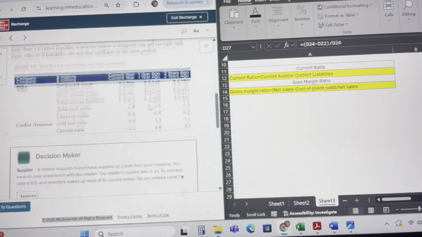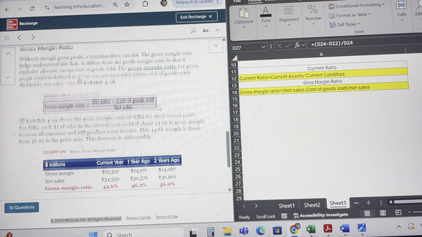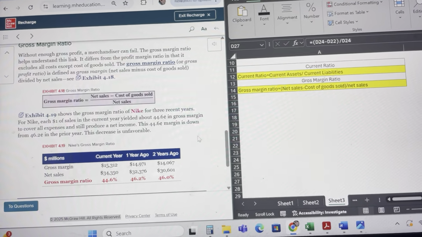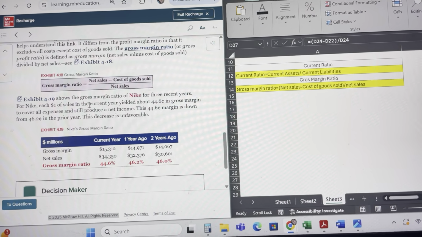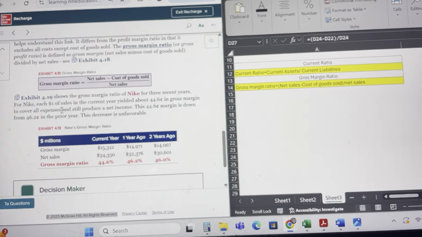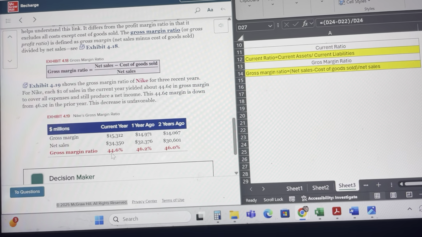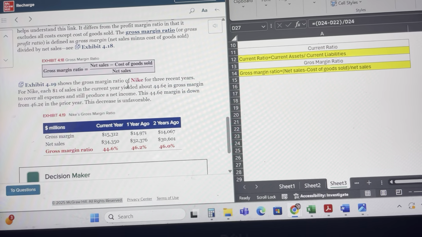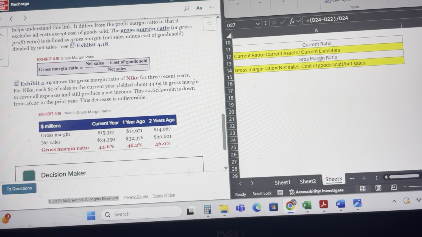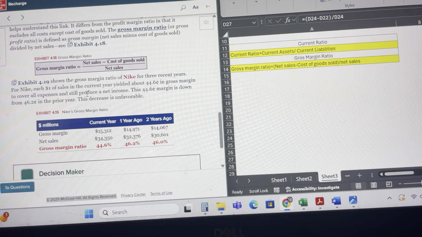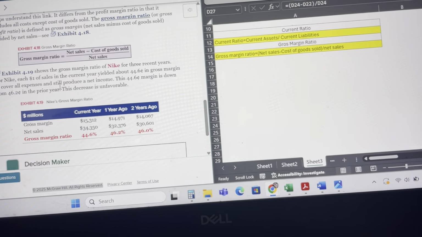We read here, it says exhibit 4.19, just this one right there. As you can see, gross margin 44.6%. This means the current year yielded about $44.6 in gross margin to cover all expenses and still produce a net income.